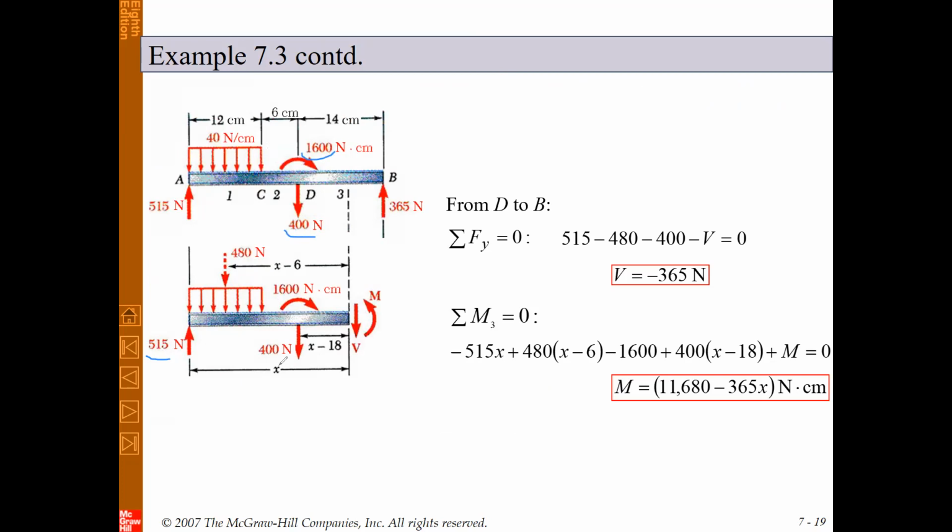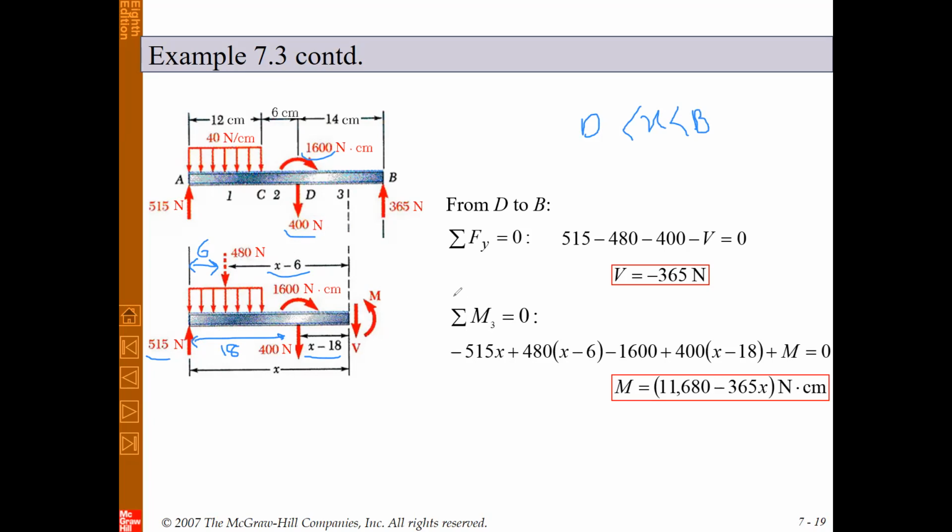This time the distance between the cut and the 400 Newton force is x minus 18, because this length is 18, the total length is x. The distance between the 480 Newton force and the cut point is again x minus 6, because this length is 6 again. Of course, this x is different because in this interval x is located between D and B, and its numerical value is different.